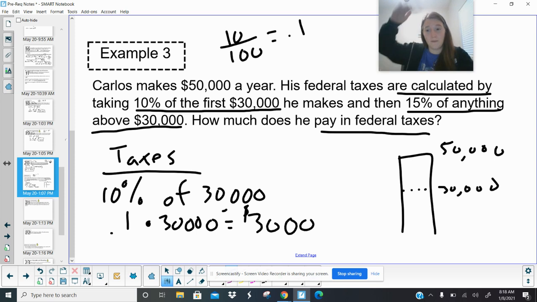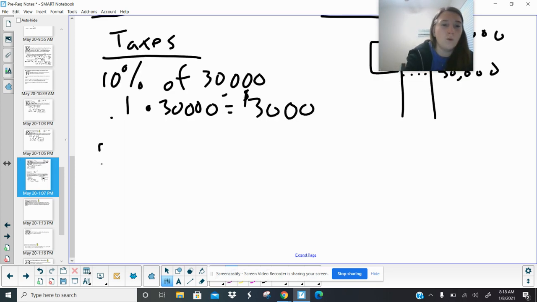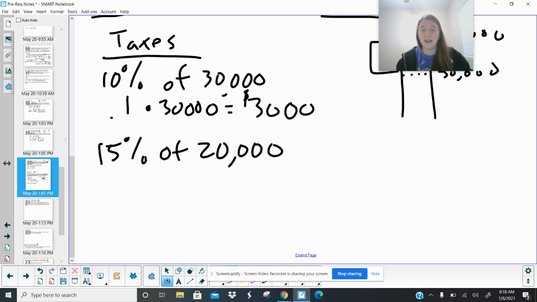This is like a bar chart. We want to take 15% of anything above 30,000. This chunk is above 30,000. That chunk, hopefully you can realize, from 30,000 to 50 is 20,000. So we should do 15% of 20,000. That is how much money he made above 30.